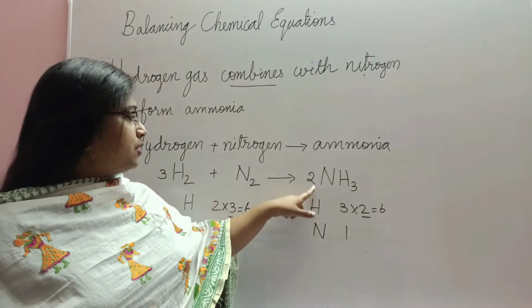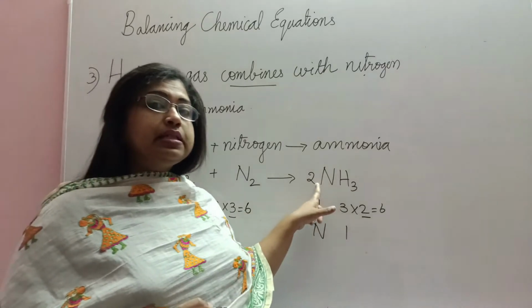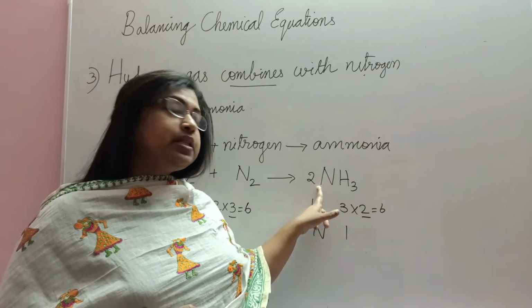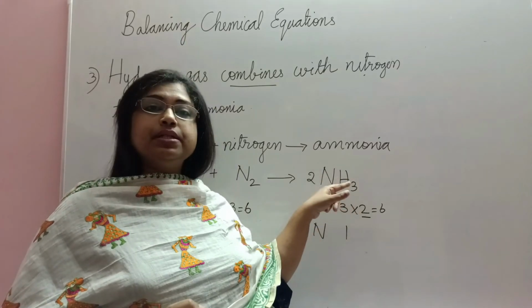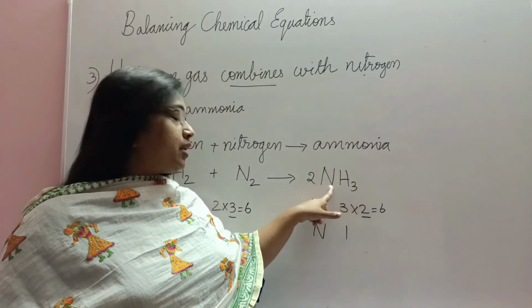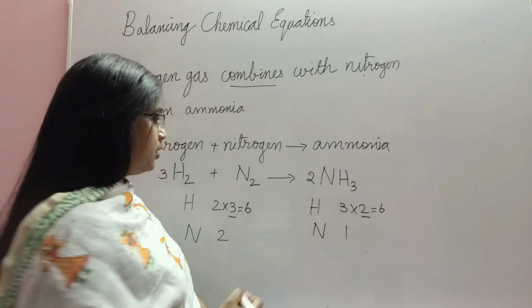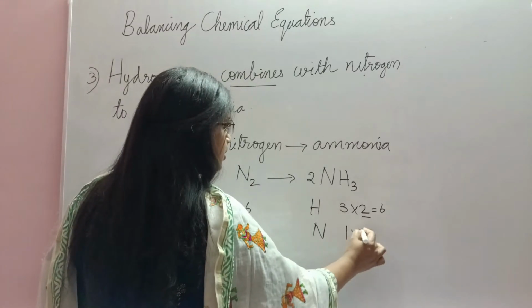Now when you put 2 in front of a compound, remember this is a coefficient, and this coefficient is applicable to all the elements present in that compound. Here 2 3s are 6, but what about nitrogen? Now there are 2 nitrogen atoms. So this 2 is applicable to nitrogen also.